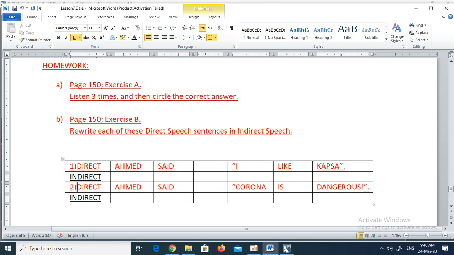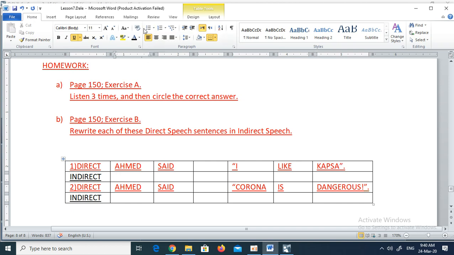They are his exact words, and we know they're direct speech because there are inverted commas. The opening inverted comma before I, the closing inverted comma after Kapsa.